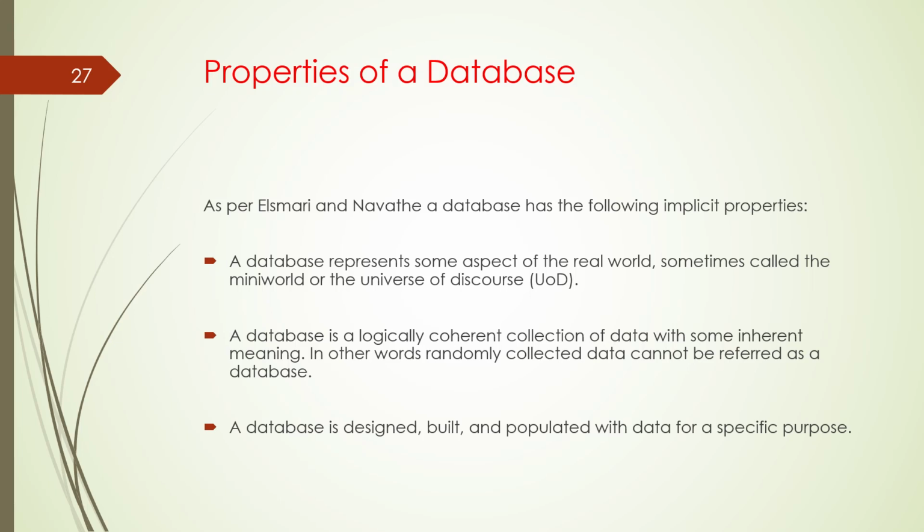Maybe that database is handled by some organization like CDC or CMS. But in a database, the data stored has an implicit meaning. That is something that you need to know.